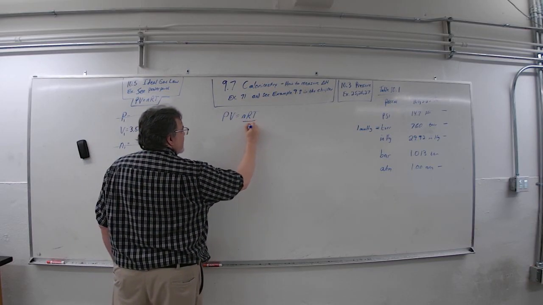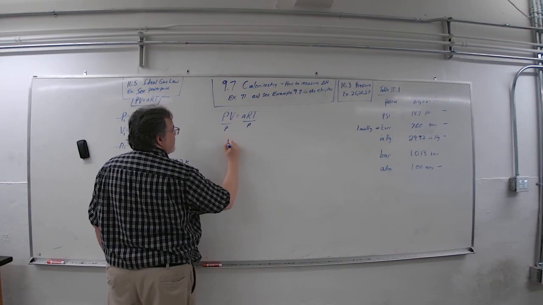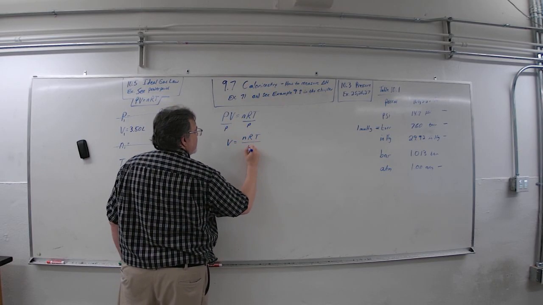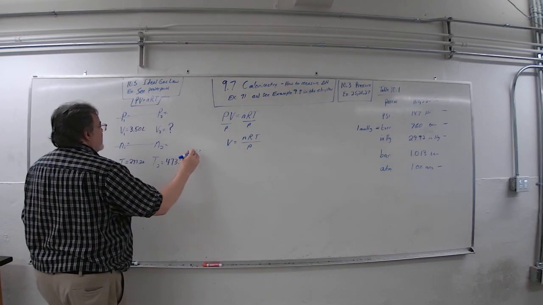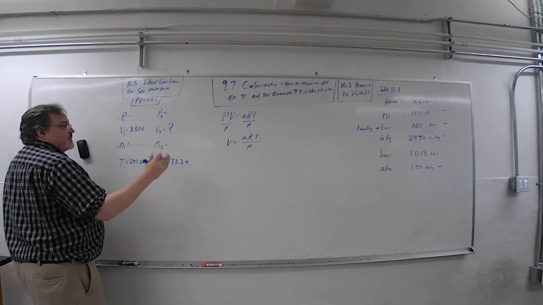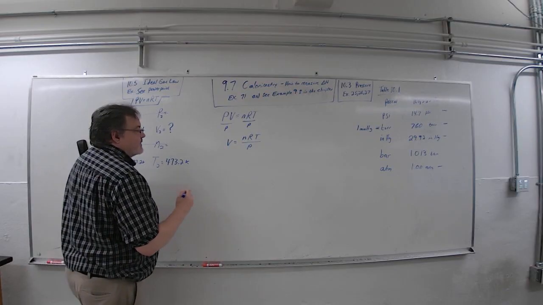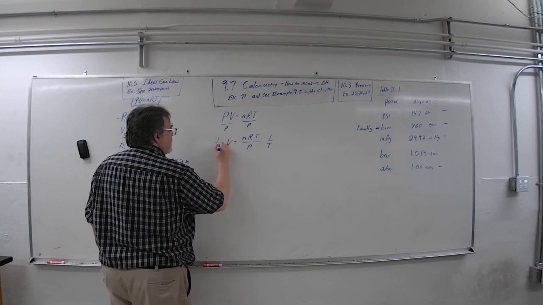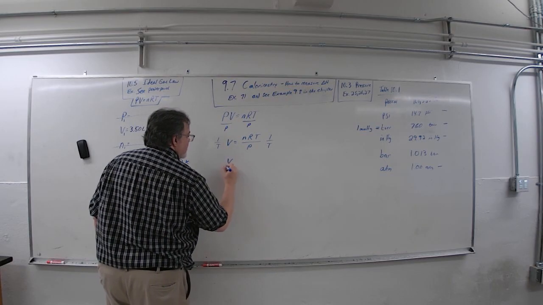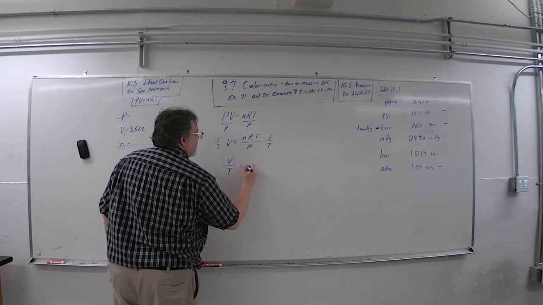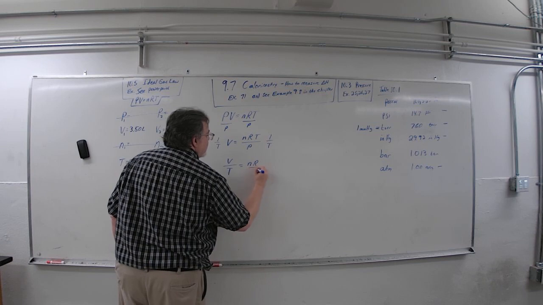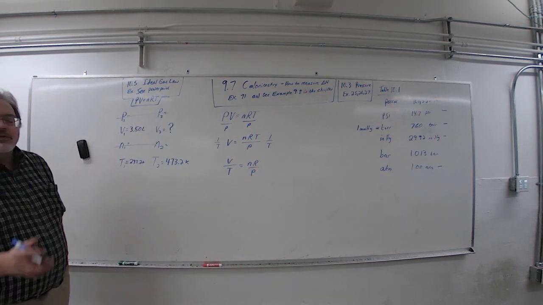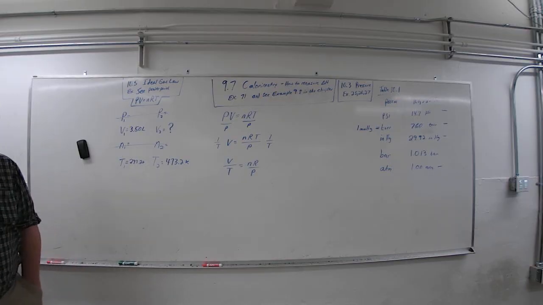If I divide both sides by P, I get V equals RT over P. I also want temperature on this side, so I divide both sides by temperature. And I essentially have V over T equals nR over P. There. Now I have the things that are changing on the left side, and the things that are not changing on the right side.